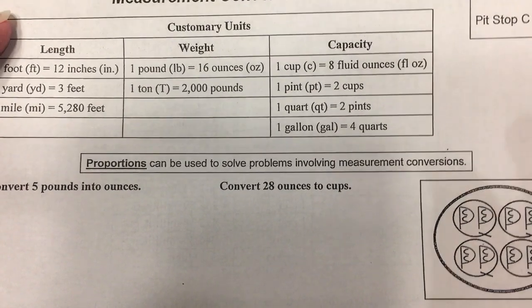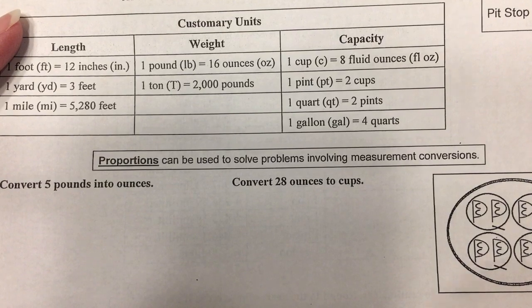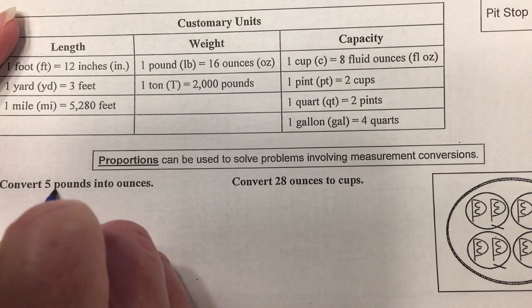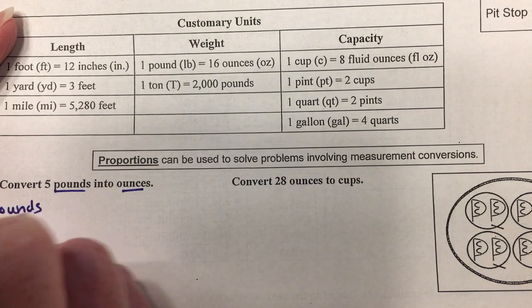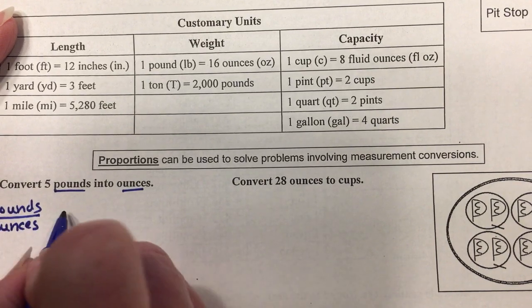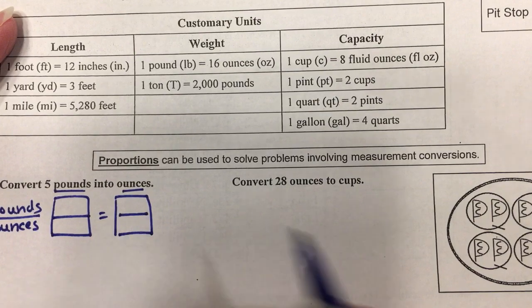All right, so the way that it works is that you're just going to set up your word ratio like you've been doing before. So if you're converting 5 pounds into ounces, then those are the two words you want to use, pounds and ounces. You can abbreviate this. I'm just going to spell it out to start with. And then you're going to set up your 4 boxes, 4 parts to the proportion.